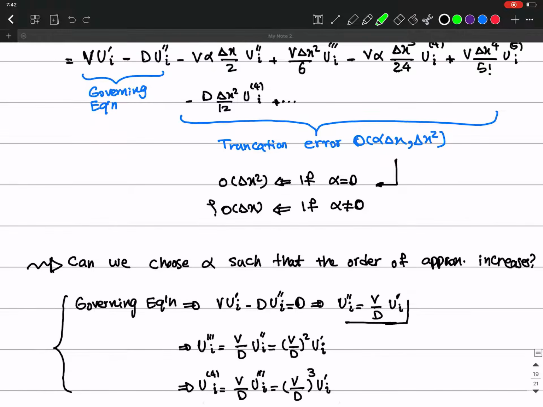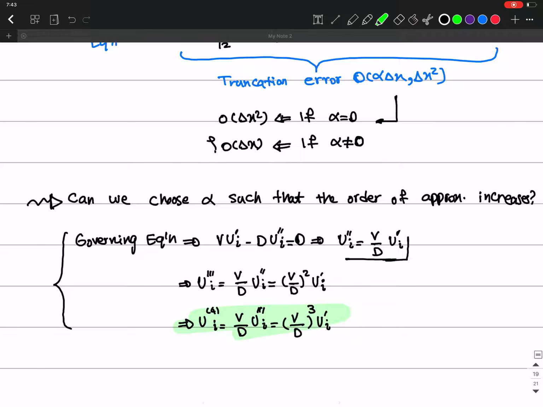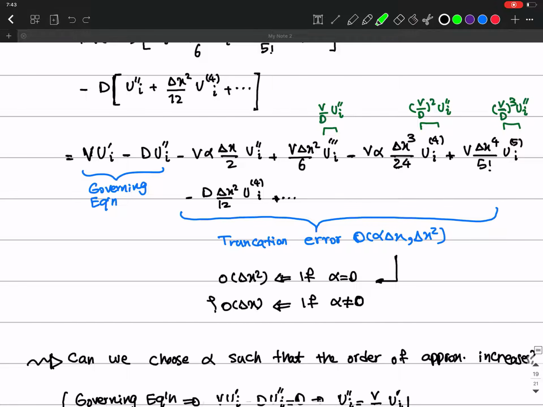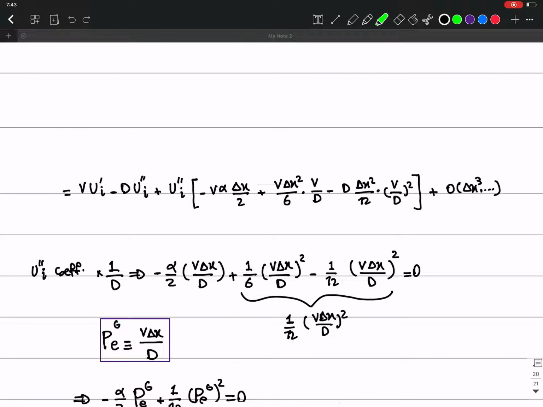So the first thing we did, we used this equation, and this gives me this relation for u double prime equals v over d u prime, and similarly for higher derivatives. I wrote all the derivatives based on u double prime i, and factored u double prime i out for the truncation error, multiplied by 1 over d, and I wanted to set all the terms that have delta x squared to 0, so that I can get a higher order accuracy, which is delta x cubed.